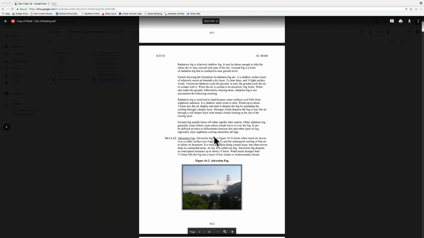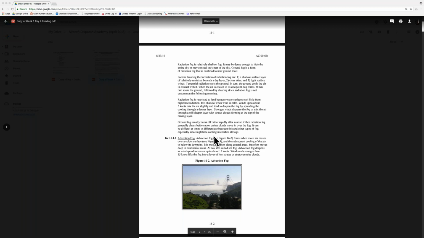The main thing you need to remember about fog is radiation fog typically is going to be calm to light winds, right? Whereas advection fog requires the winds, increase of about 15 knots is what it says.